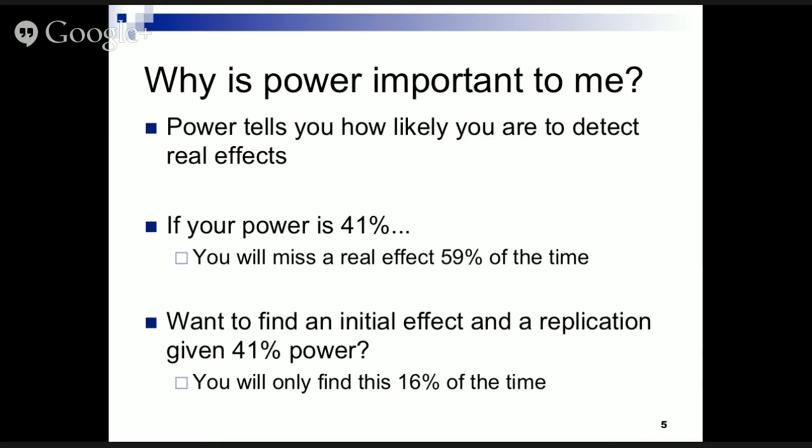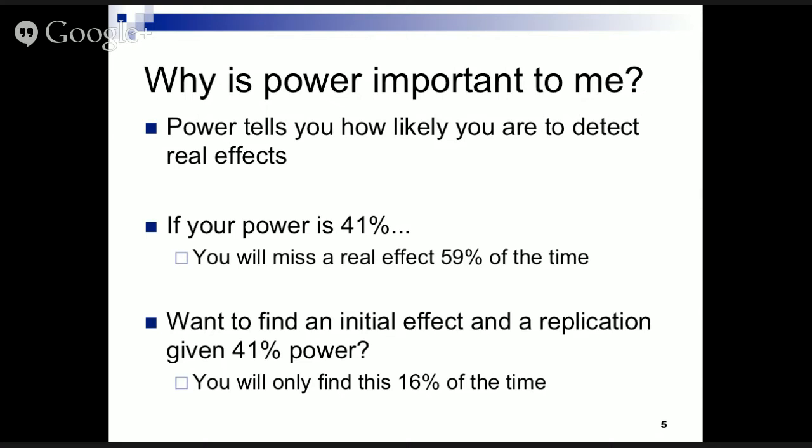That 16% number comes from the fact that these are two independent events. And so probability theory tells you that the probability of two independent events both happening is multiplying the probability of each of them together. So if each has 41% power, the likelihood of finding both of them significantly is 16%. So this is really, really low, right?